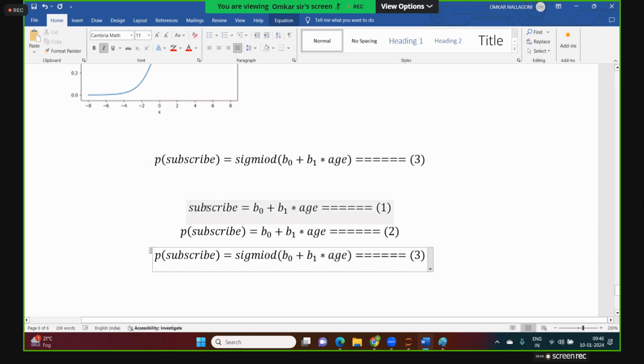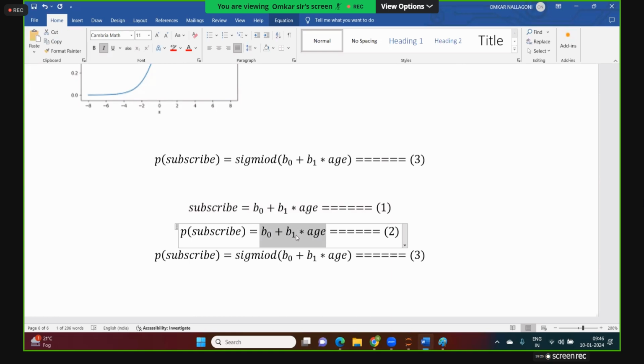First one is numerical versus categorical, not comparable. In the second one, the LHS is in the 0 to 1 range and the RHS is minus infinity to infinity. That's why we are converting these value ranges. It is like standardization: the original value is converted into some other value, minus 3 to 3.